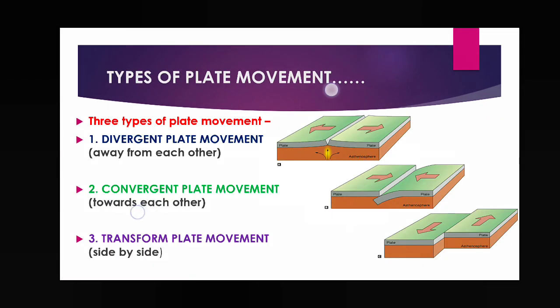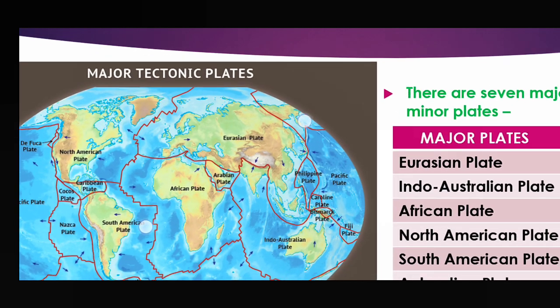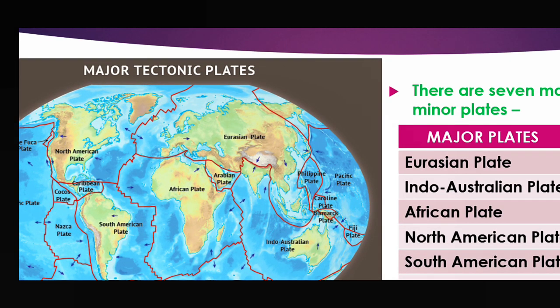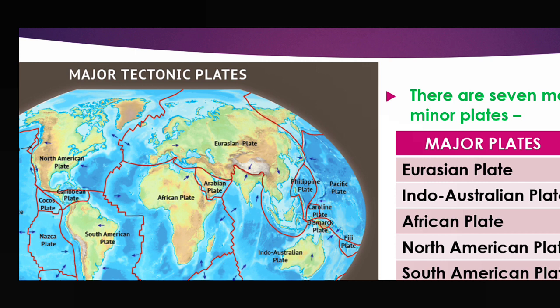But here one interesting thing you can see, that India is not coming under the Eurasian plate. This is also a very interesting thing, that later I will tell you in detail. Just one thing I want to give you as a hint: in the past, 250 million years ago, India was with Australia.